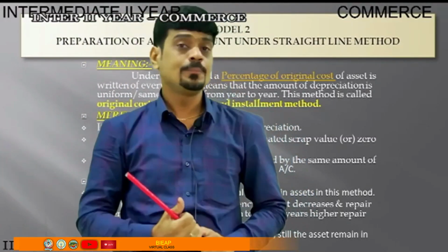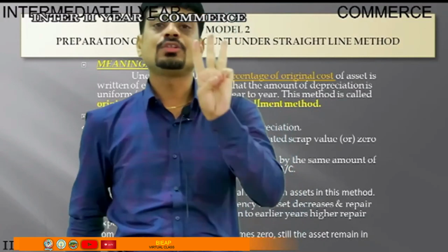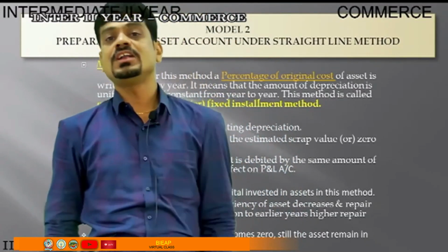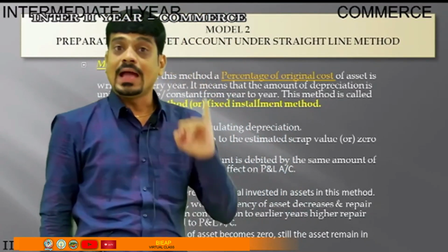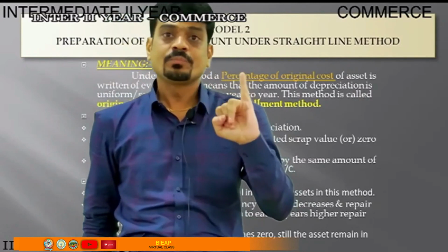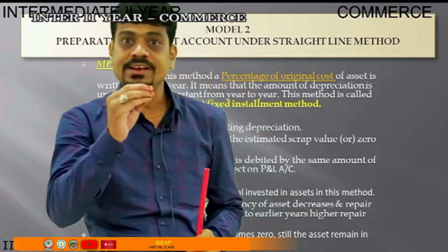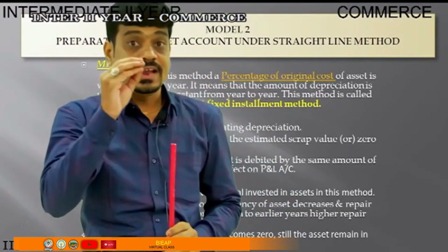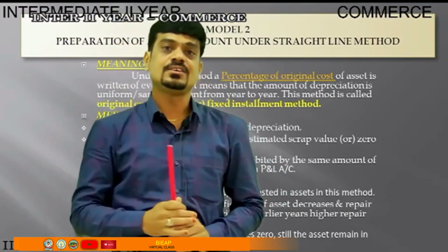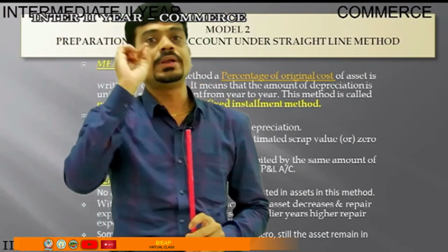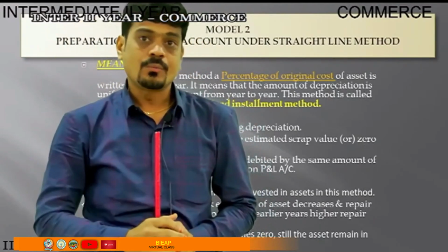Next important point, in the last class, I taught you 3 basic journal entries. I told you one should know the entry for purchasing the asset. What was the entry for purchase asset? The entry for purchasing the asset was asset account debit to cash account.